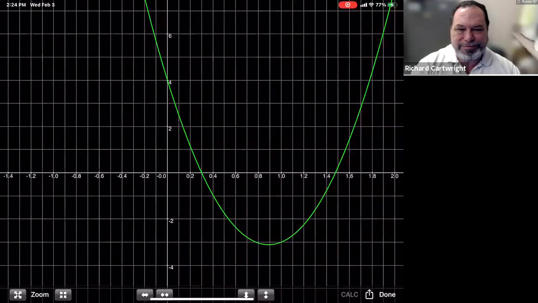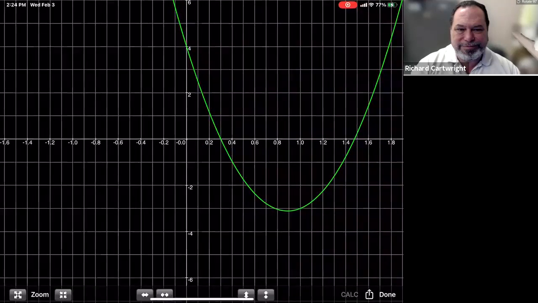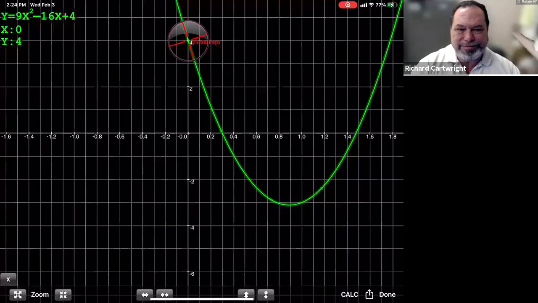Basically, I'm starting out at x is 0 here. And what I want to do is go to when x is 0.3. So as I slide down, and x is 0.04, 0.1, 0.2.